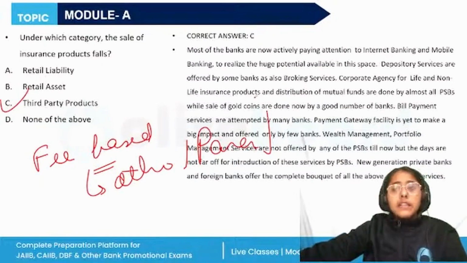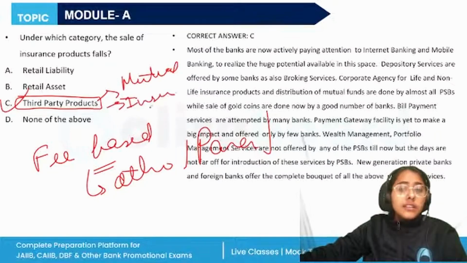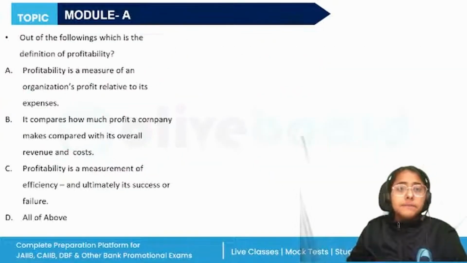For example, depository services, corporate agency for the life and non life insurance, bill payment services, payment gateway facility, wealth management, portfolio management, all of these services come under the third party products. So the banks are also involved in the mutual fund and insurance products. Okay, so the correct answer will be option C.